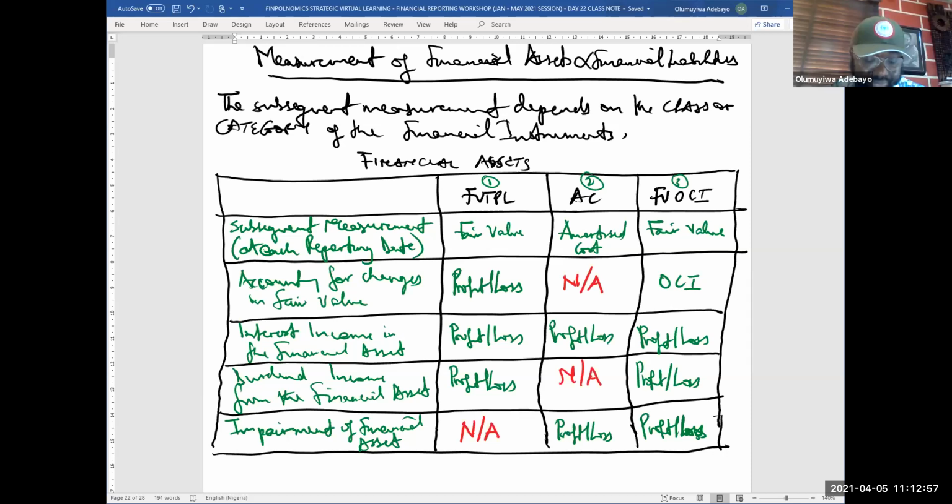Since it's carried at fair value, at each reporting date, the value either increases or reduces. So there is no point in impairing it. If the value is zero, it's zero; if it's 100, it's 100. You carry it at the market value of that asset.